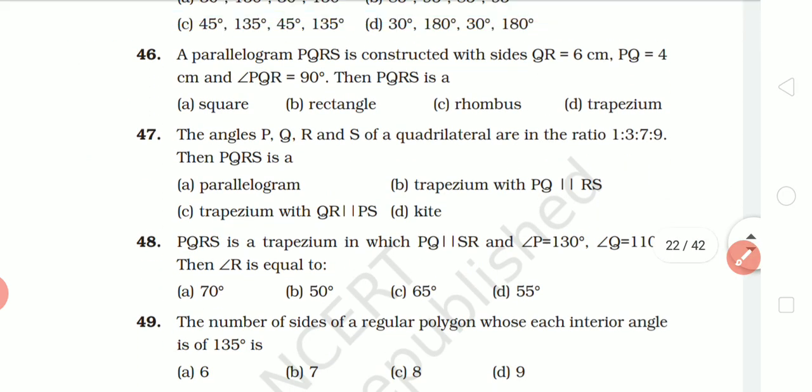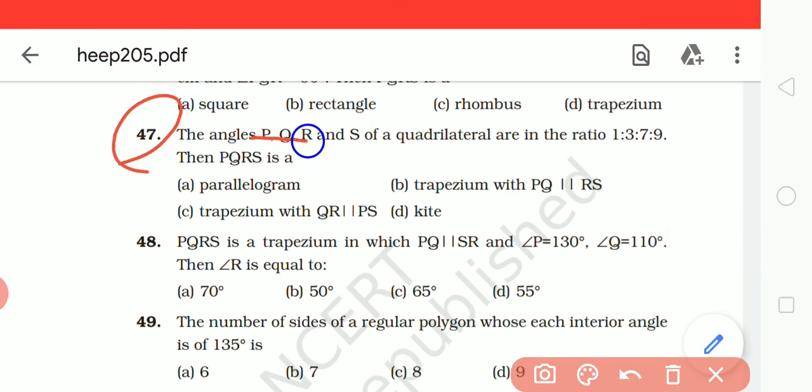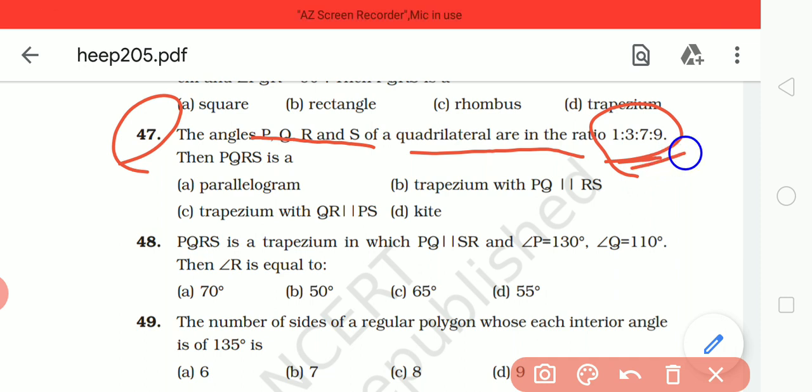Come to 47th question. The angles of the quadrilateral PQRS are in this ratio, then PQRS is. You see, 1:3:7:9, all the angles are unequal, right? But one thing is here, 1 plus 9 is 10 and 3 plus 7 is 10.